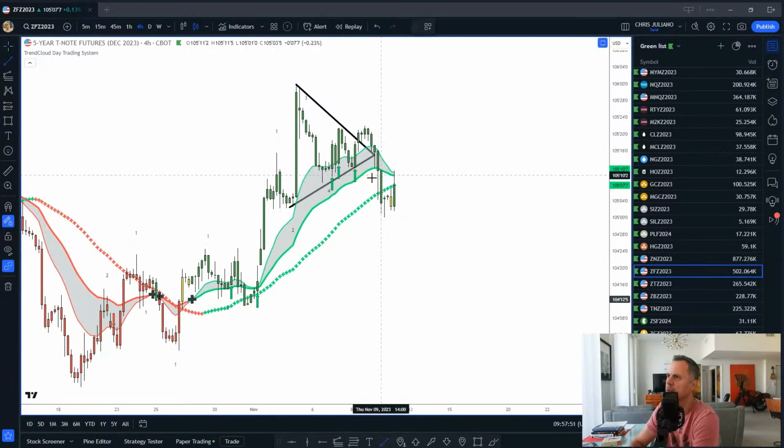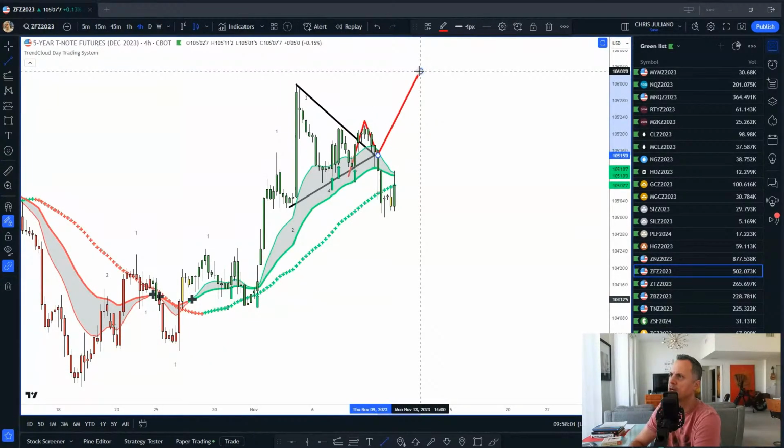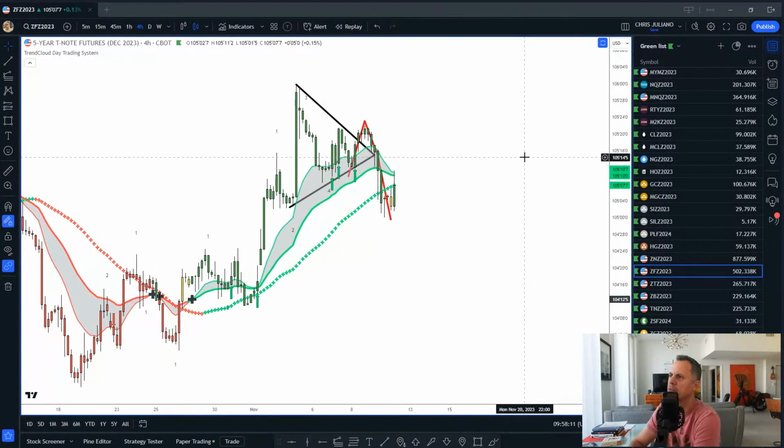It broke to the upside, pulled back. We were expecting to find support right here at the apex of the triangle for another move up. It didn't do that. It did this. That's very bearish, right? That is a very bearish pattern.